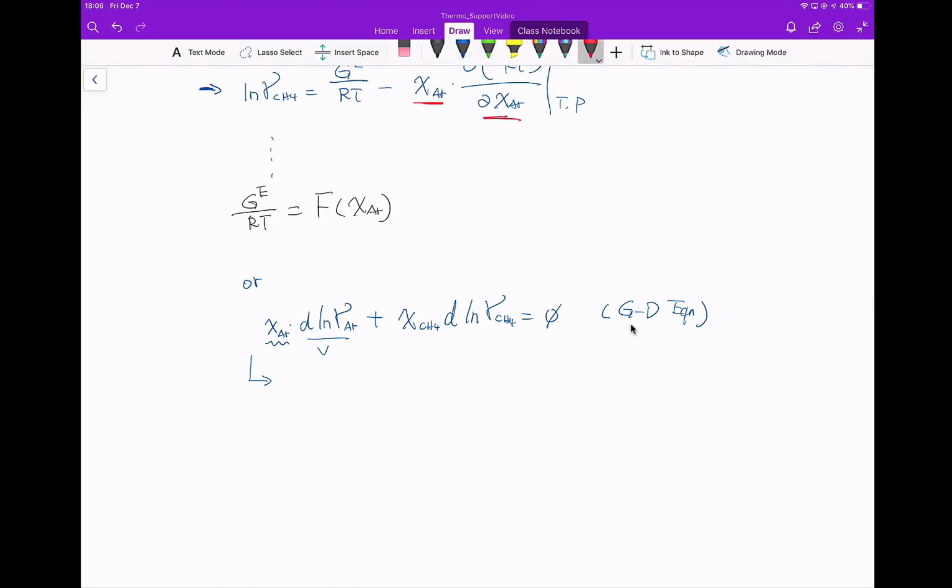This is basically 1 minus X argon, and we should be able to write this d log gamma CH4 as a function of X argon, d X argon somehow, right?